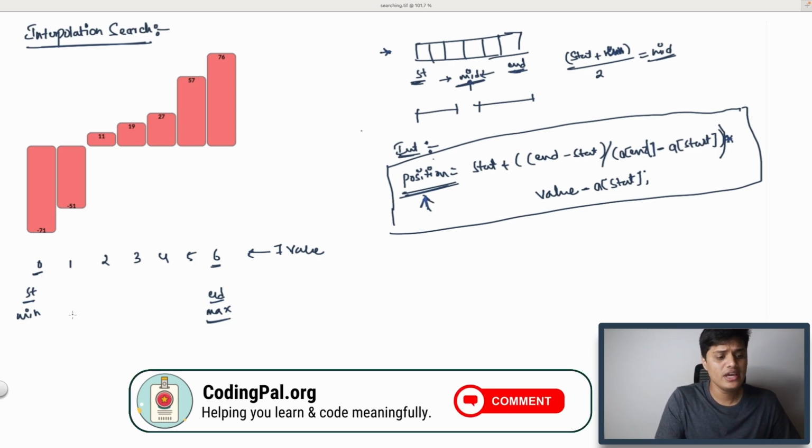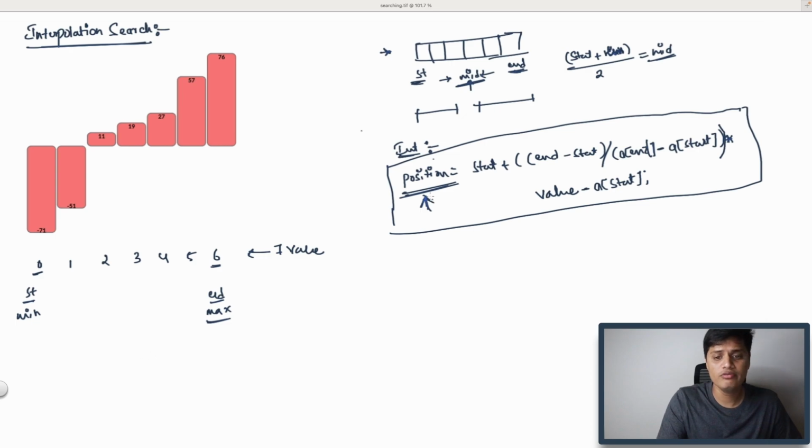Once we have these two values, we need to calculate the position using this formula. Let's assume that the value the user wants to search is 11, so the value that the user passed is 11. Now we first calculate the position according to the formula.